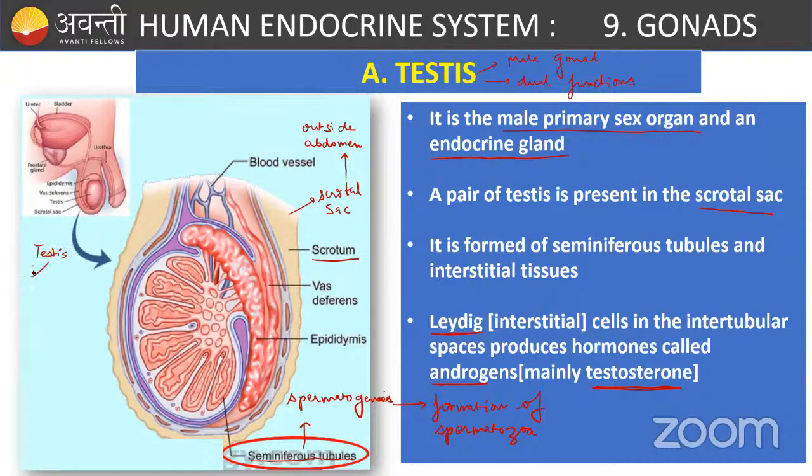The testis is composed of seminiferous tubules and the stromal tissue. The seminiferous tubules play a very important role in spermatogenesis, that is the formation of spermatozoa. And the Leydig cells secrete an androgen hormone, and we mainly discuss testosterone.